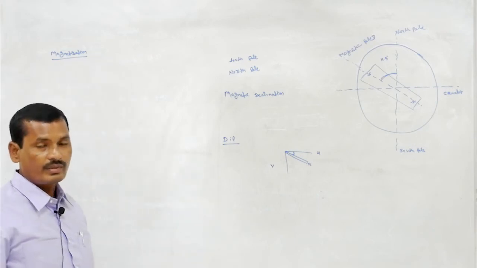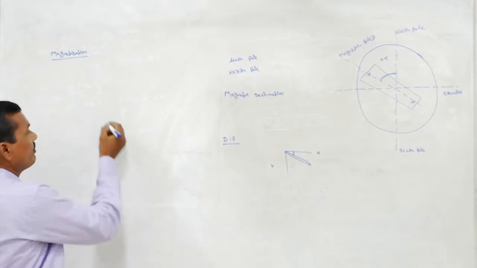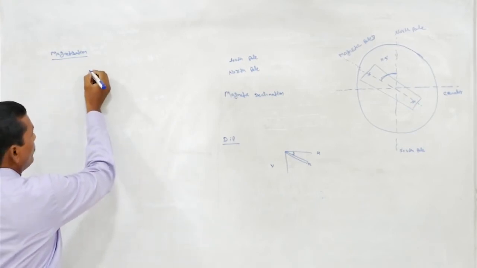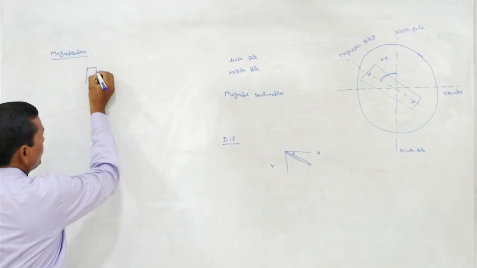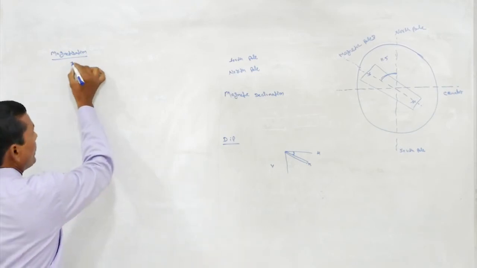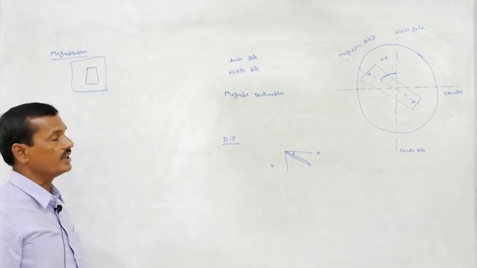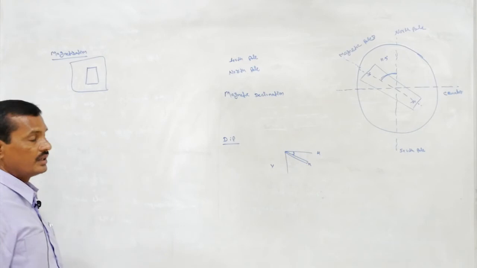Magnetization. Magnetization of a sample means any material can be magnetized. For example, this is iron. This iron is placed in an external magnetic field. What happens?